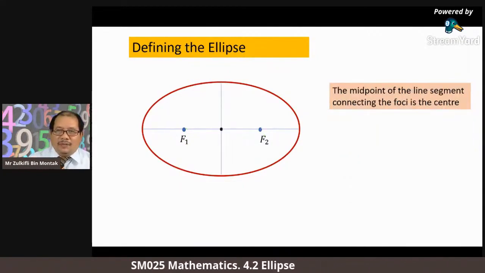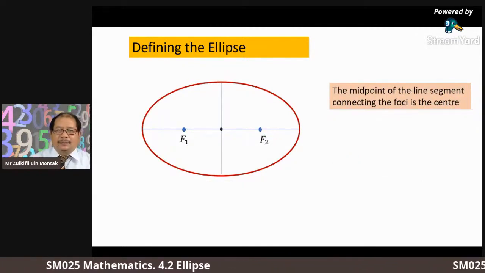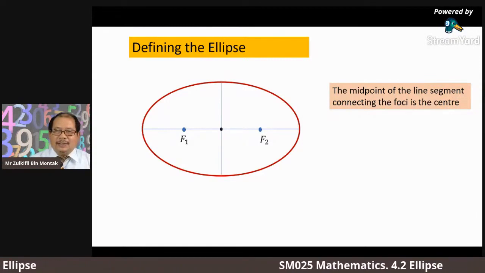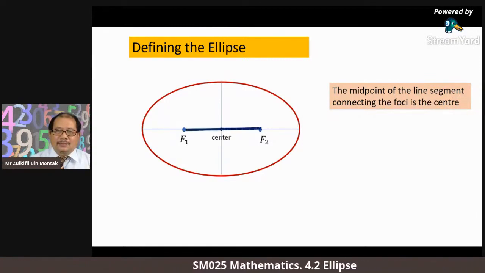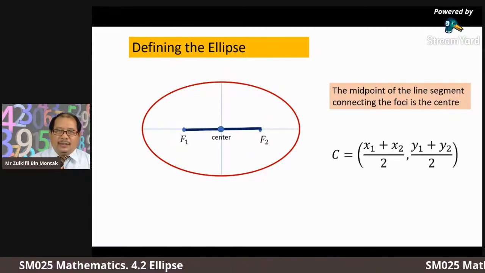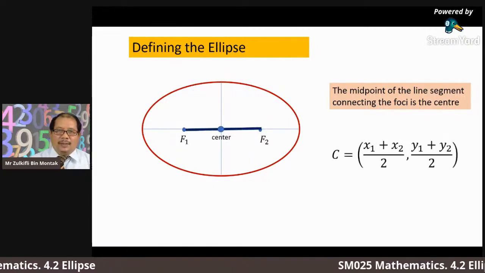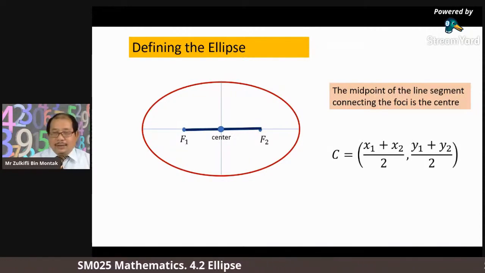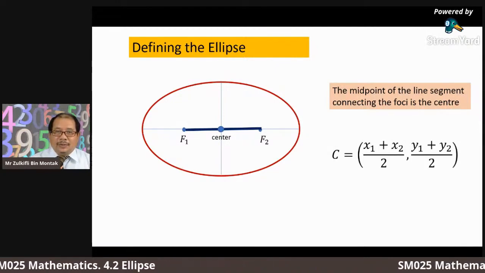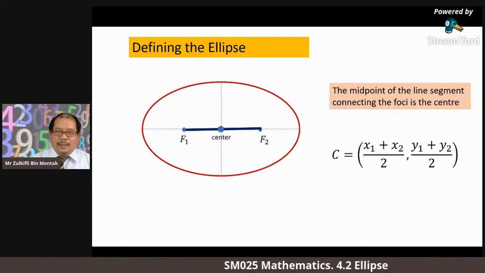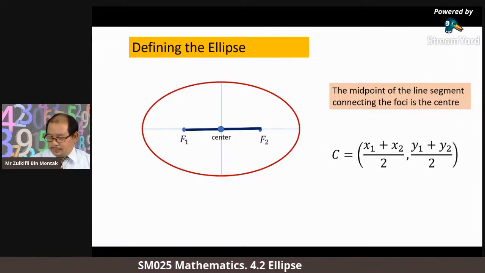The midpoint of the line segment connecting the foci is the center. So let's say F1 equal to (x1, y1) and F2 as (x2, y2). So we can find the center equal to ((x1 plus x2) over 2, (y1 plus y2) over 2).